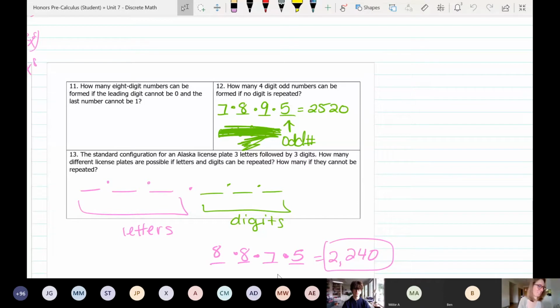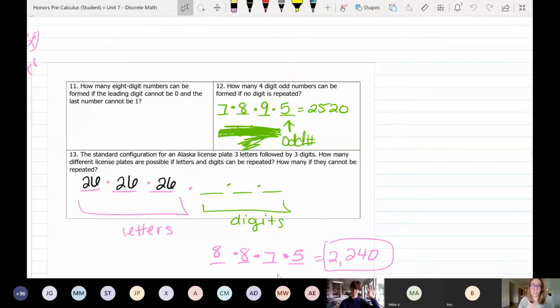I learned that the very first year when someone told me there was 27 letters, and I told them they were dumb, and then I Googled it, and technically there used to be 27.